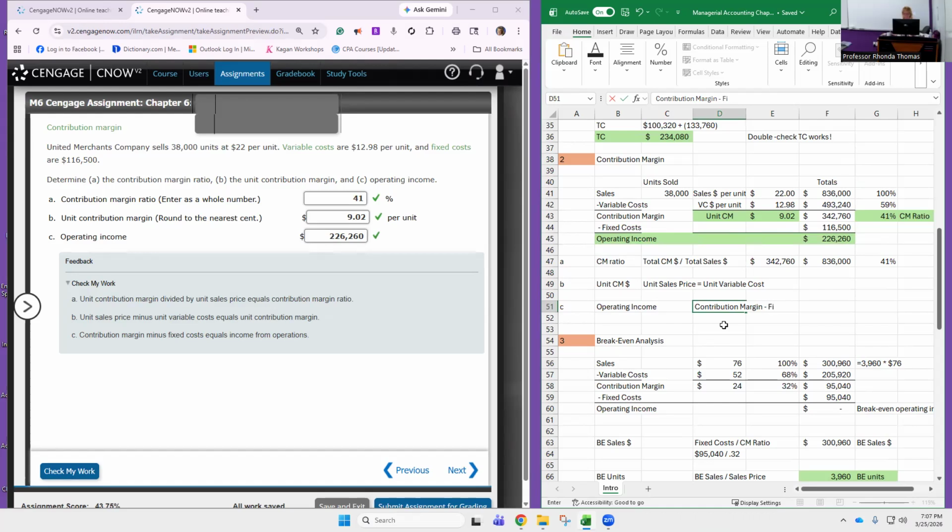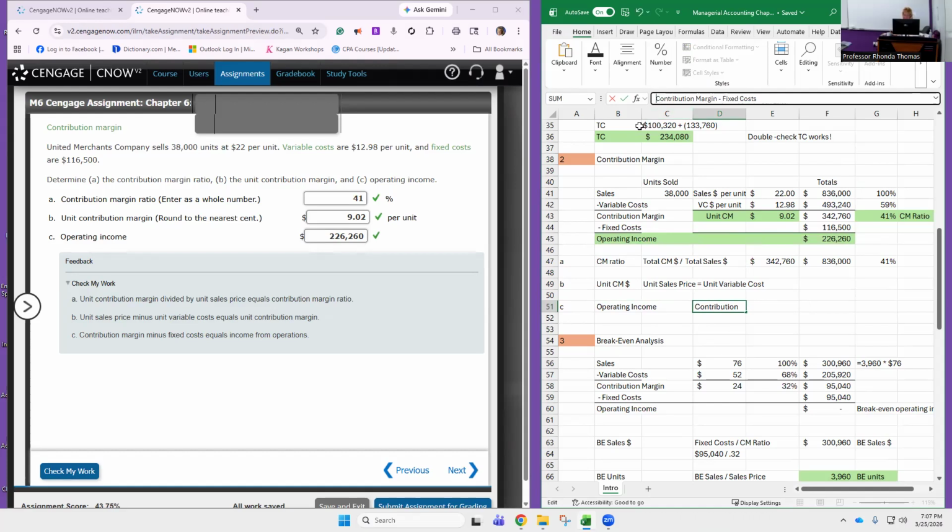Yep. That is what operating income is. So I'll put an equal sign before that, and then you should be able to see it.